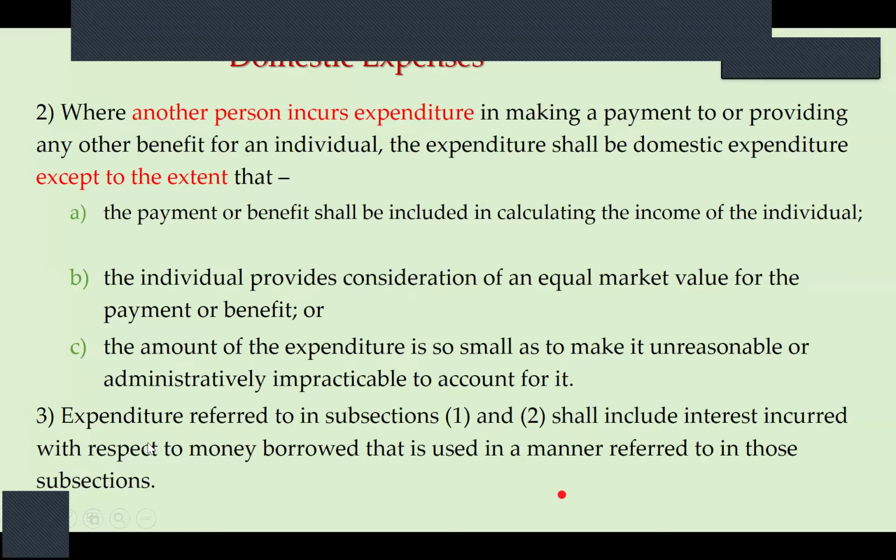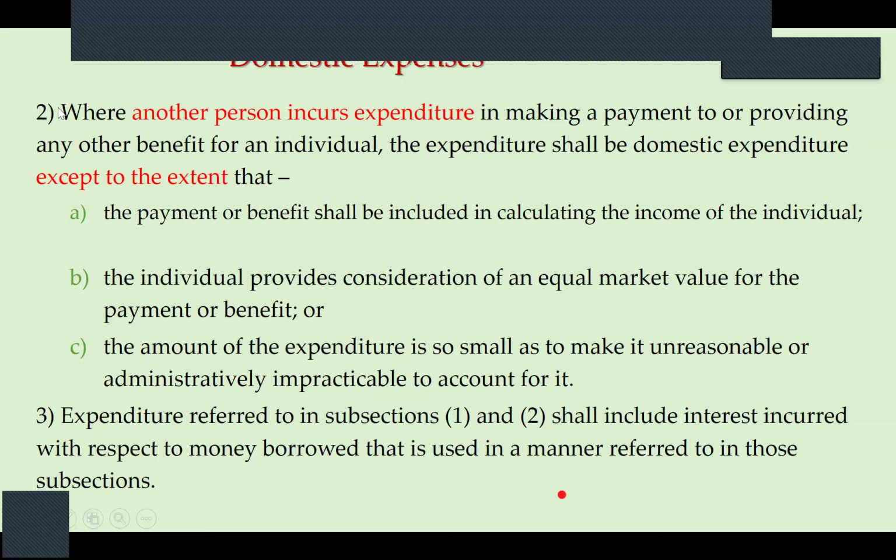The third one is expenditure incurred in subsection 1 and 2 shall include interest incurred with respect to money borrowed that is used in the manner referred to in those subsections. That means I have mentioned subsection 1. It says expenditure incurred in respect of himself.